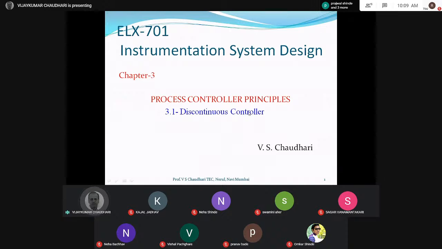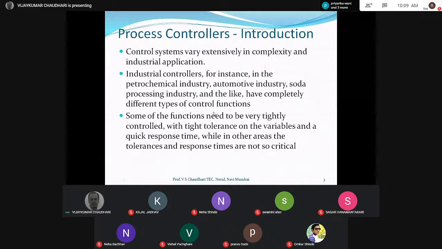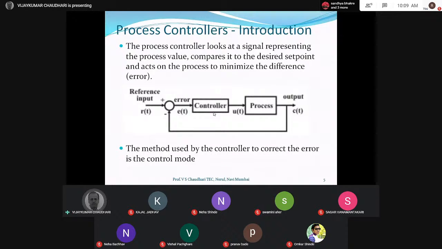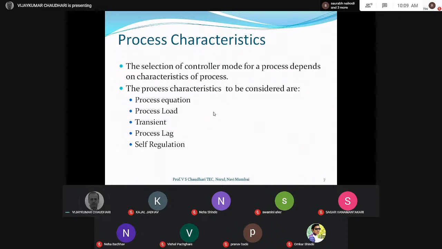So we are discussing discontinuous controllers. We discussed controllers, process, and terminology. We discussed different process characteristics, like these.